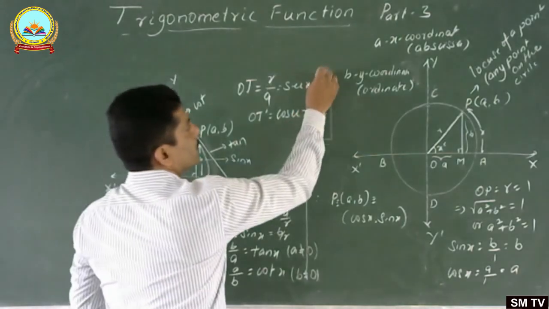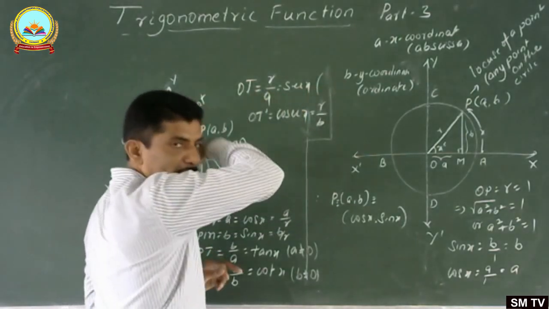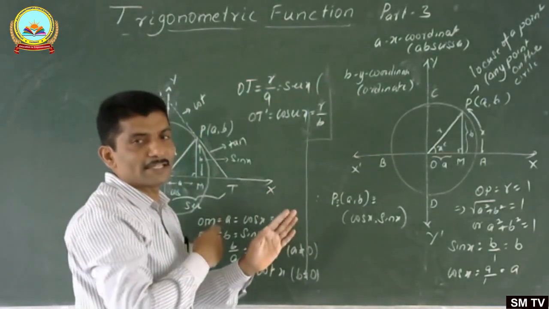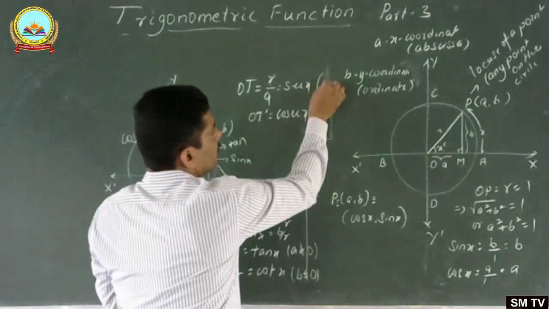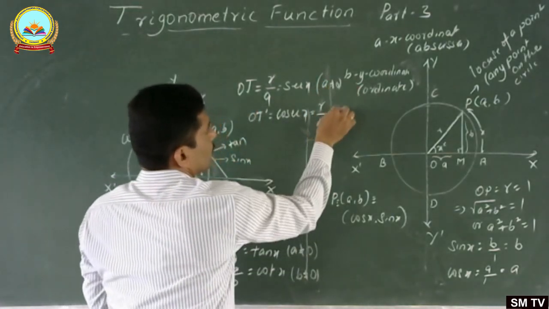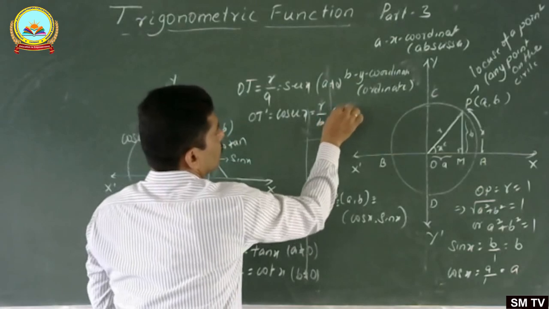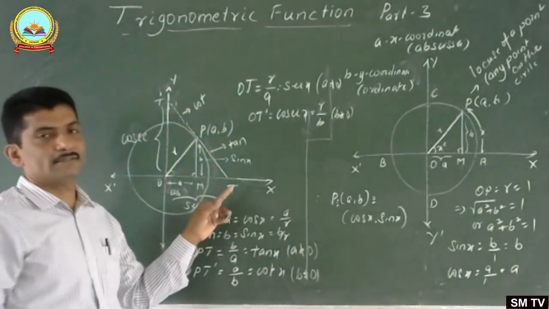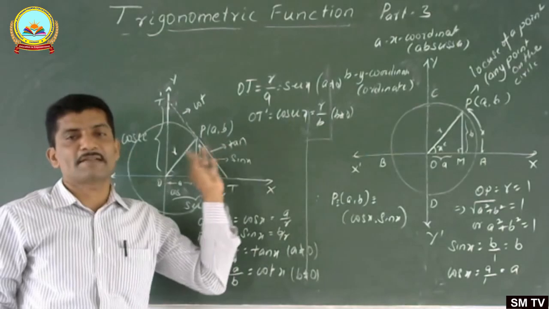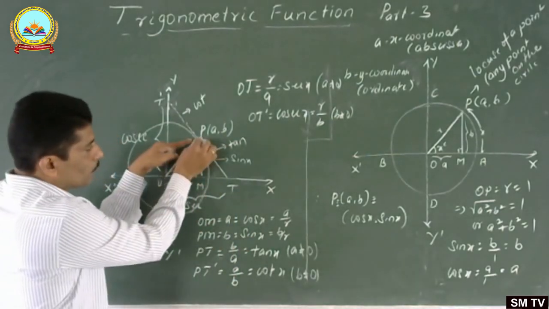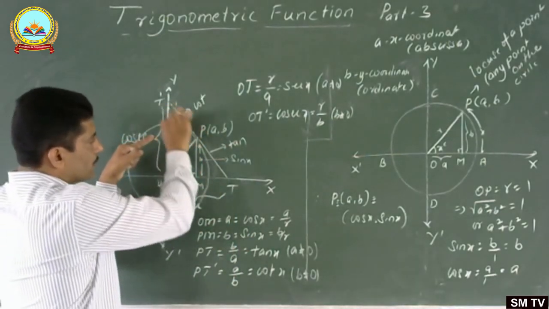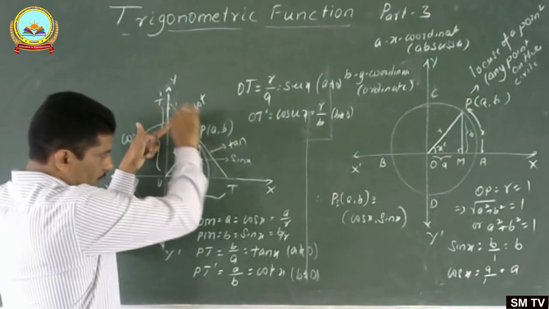Here also remember secant x is not defined at 90 degrees, pi by 2, so a is not equal to 0. Here also b is not equal to 0. Then these define all the trigonometric functions. Suppose this point is moving like this. You get the tangent here, the point is moving, the tangent here.